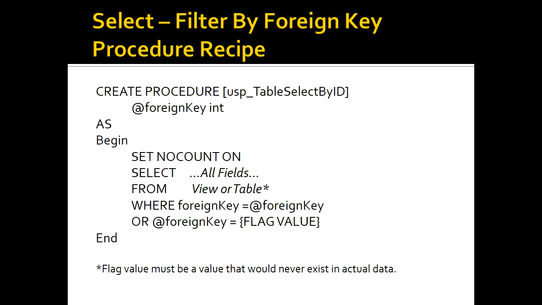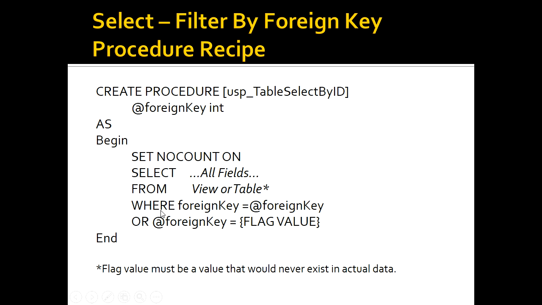So how do we get the stored procedure to either filter or not? Well, one of the nice and easy things we can do is take advantage of how the logic works of a Boolean expression. So if I have a parameter here for the foreign key value, again, we're going on those assumptions that primary keys are integer identities and so on and so forth, right?